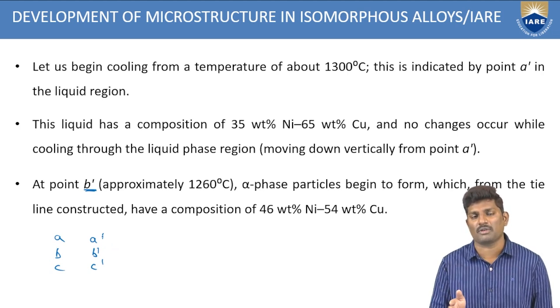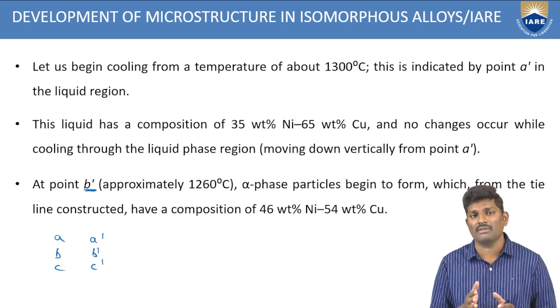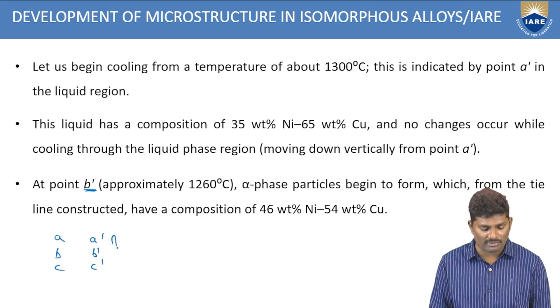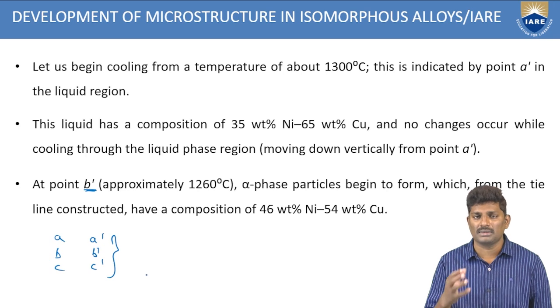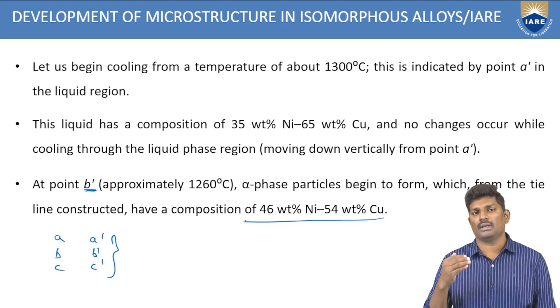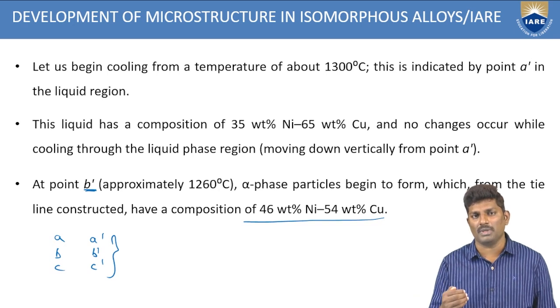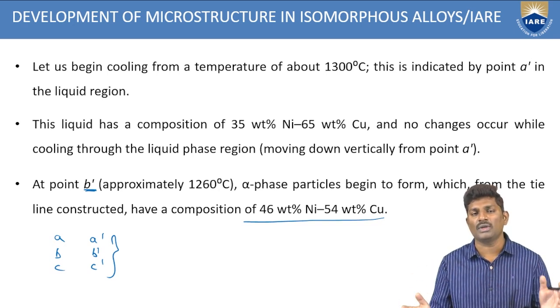Because of this rapid cooling, there are changes in the solidification timings also. In equilibrium you have a lot of time to cool and form the solid. And there are composition changes also. Up to the liquid nature, there is no change in the composition, but when it touches the solidus line, that is point B, then there is a change in the composition.